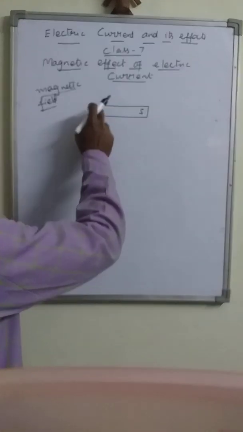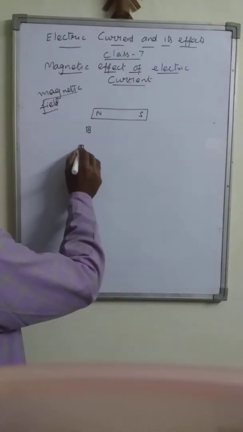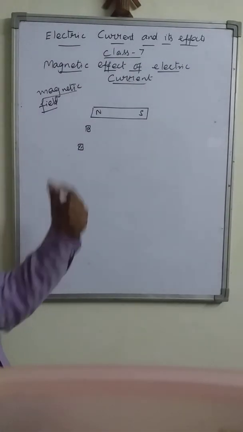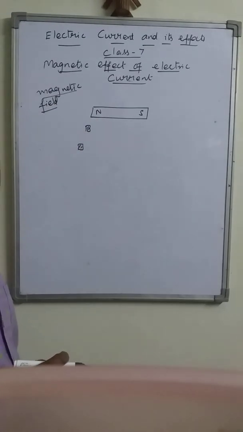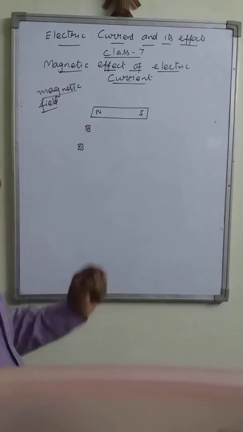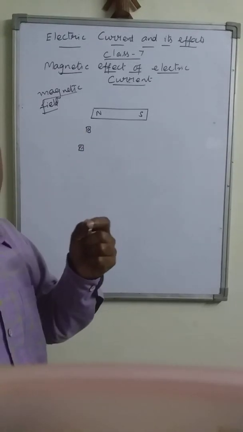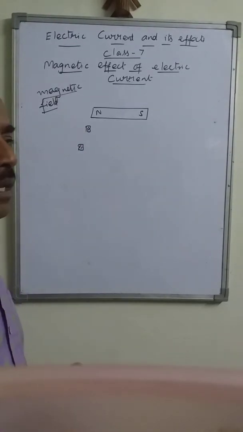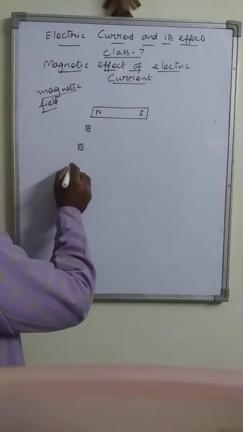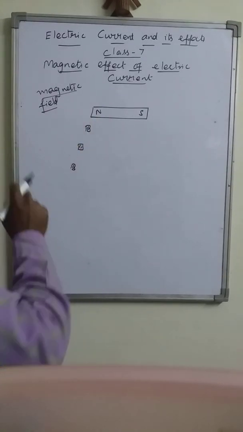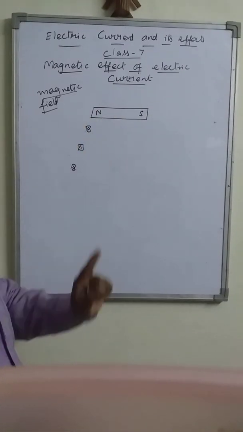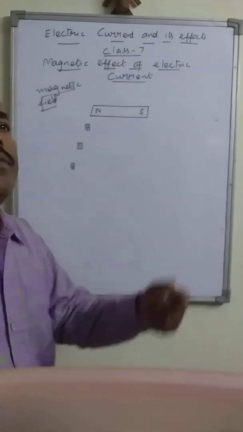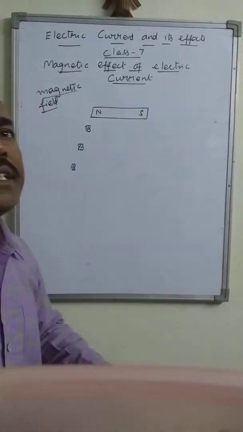Then the same iron piece is placed some distance longer than the previous one, then also it attracts. But in both the cases, the force of attraction will be different. As we increase the distance of the iron piece, in all the positions the iron piece will be attracted towards the magnet, but the force of attraction continuously decreases.